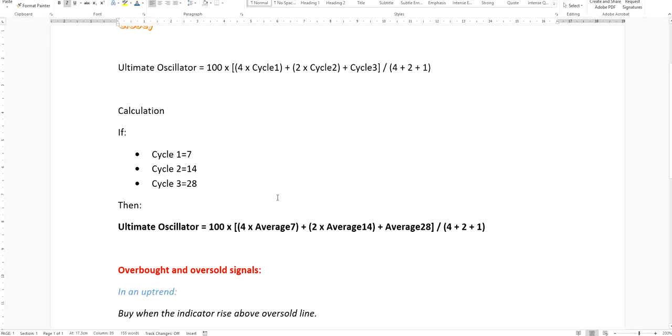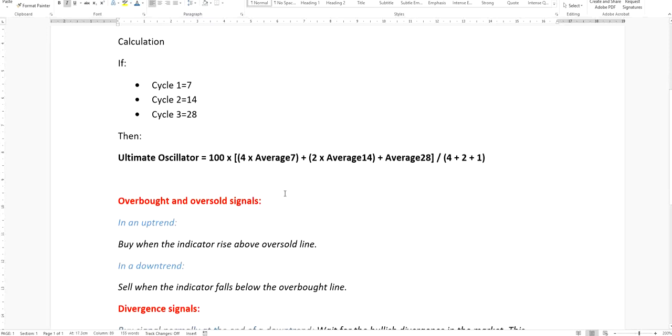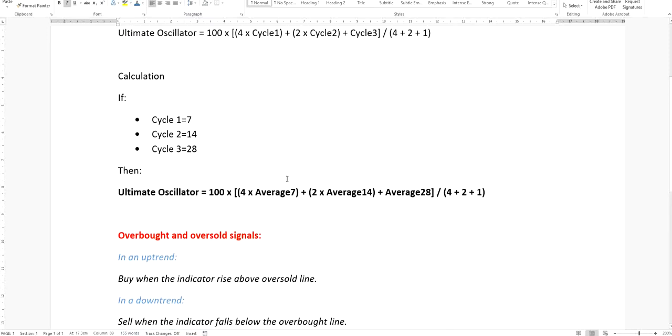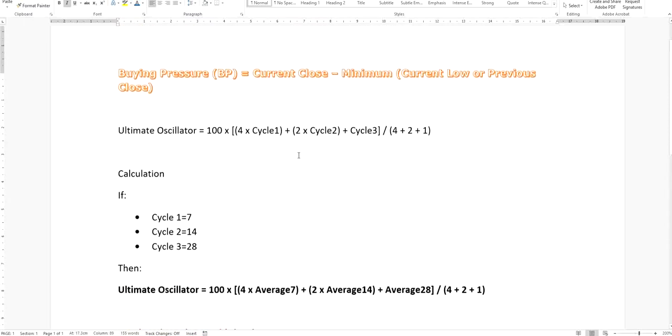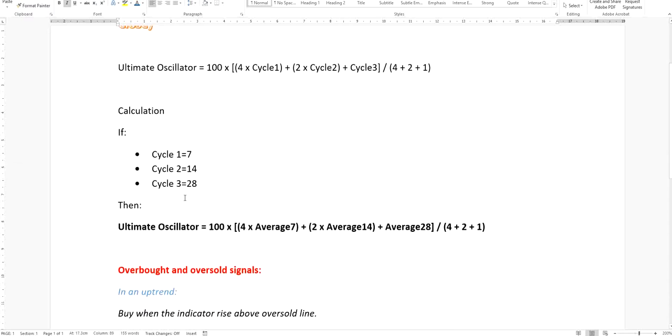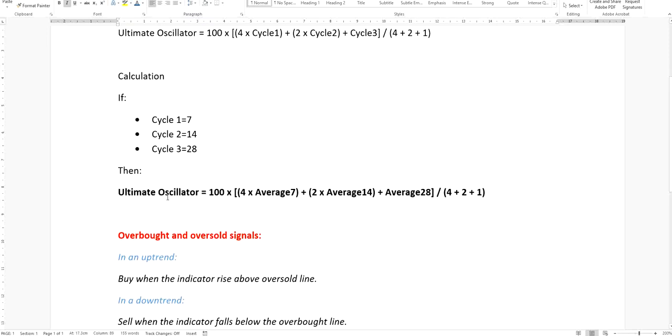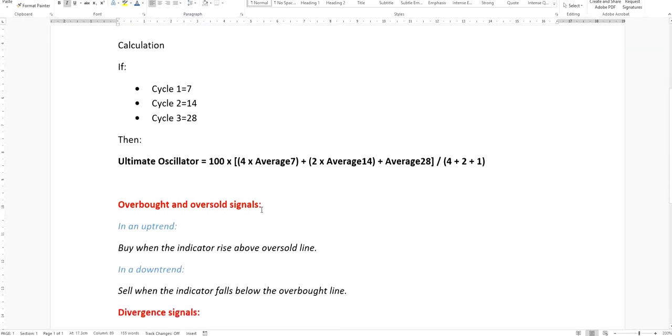Anyway, we normally don't explain the formula and we don't care about it. We go to the point of how we should use the indicator. But here I wanted to show you what those cycles are and what changes they make to your trading if you change those numbers, so I thought it's a good idea to point out the formula.